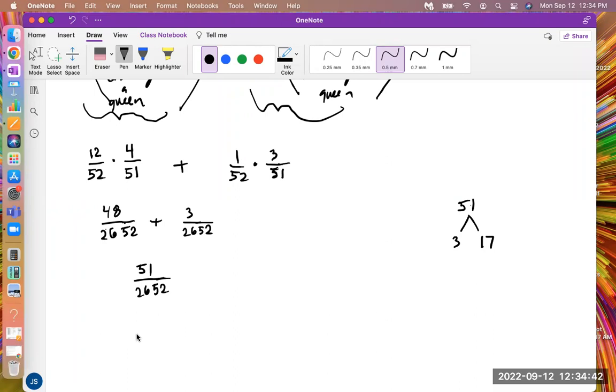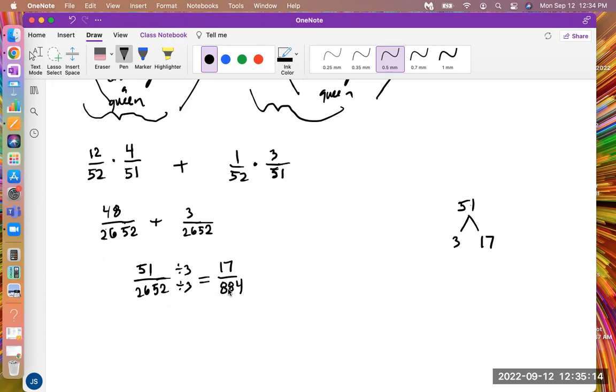So I'm just going to do 2 calculations only. 2652 divided by 3. It does go, it is divisible by 3. So if I divide by 3, then the top number is 17 and the bottom number is 884. Now 17, like I mentioned, is prime. The only number that will divide into 17 is 17, and 1, but 1 doesn't count.